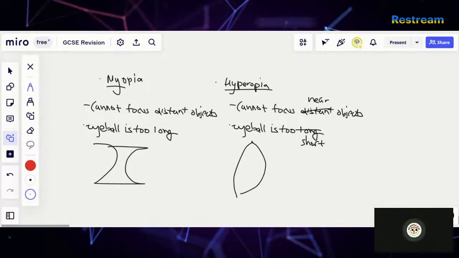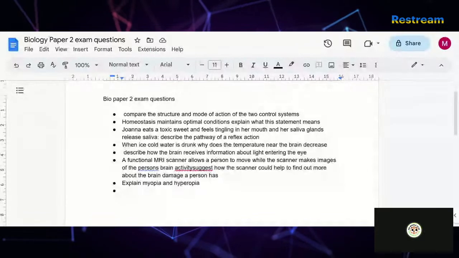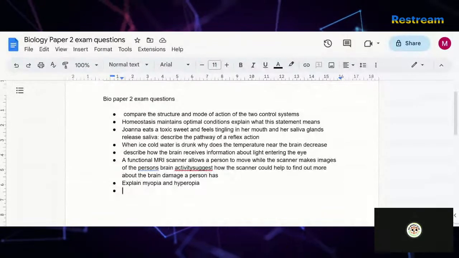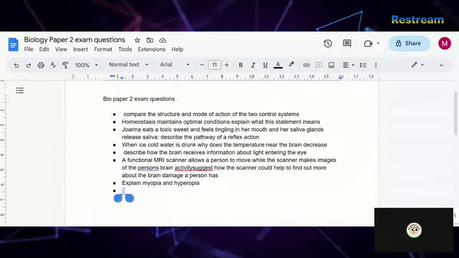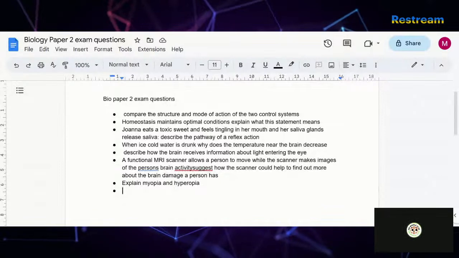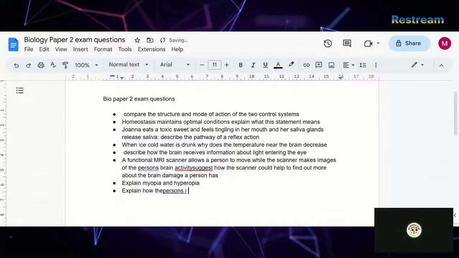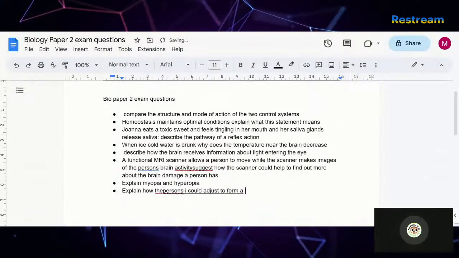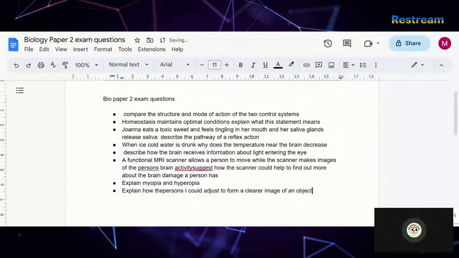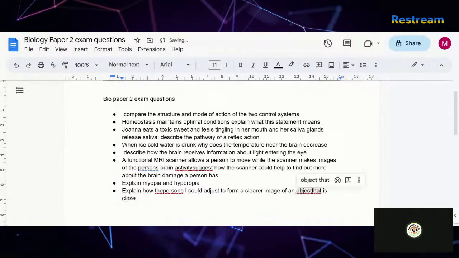So, moving on to the next exam question. Explain how the person's eye could adjust to form a clearer image of an object that is close.